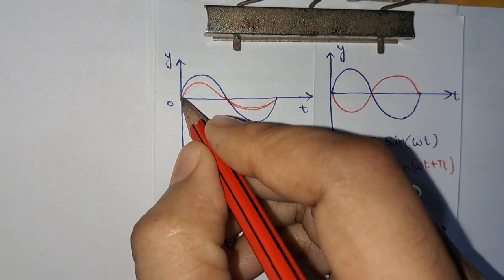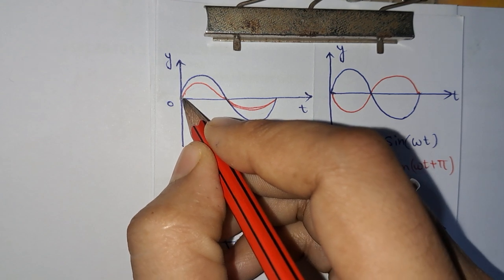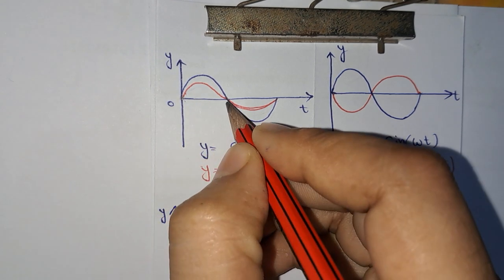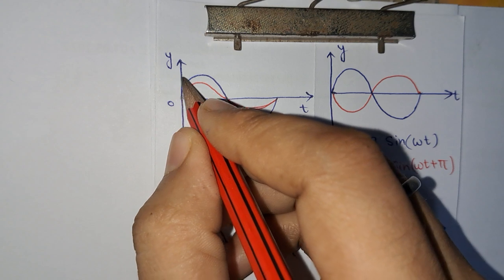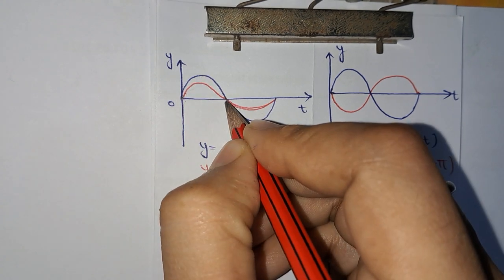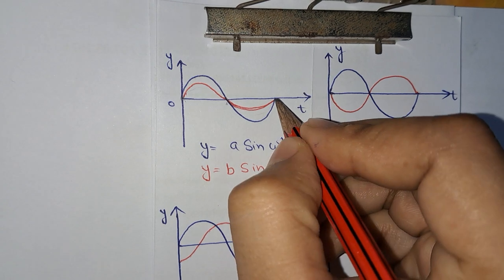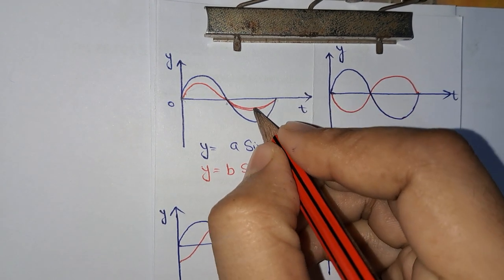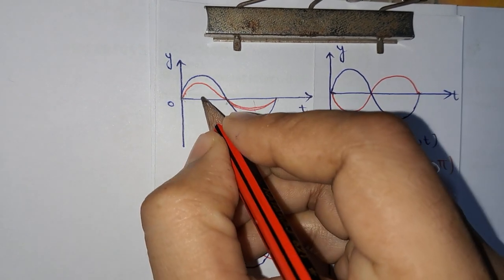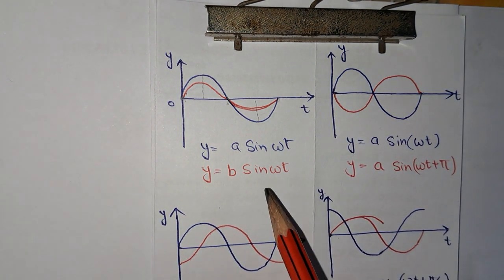You can see the point at which both started is synchronized, and when they come back to the initial state, that is at zero value, it is also at the same time, and again they reach the maximum point at the same time.